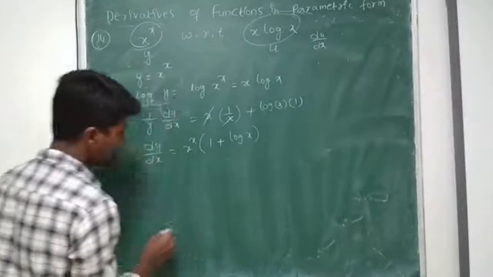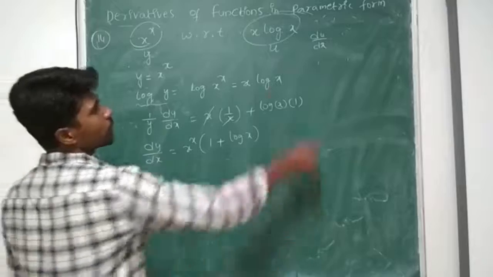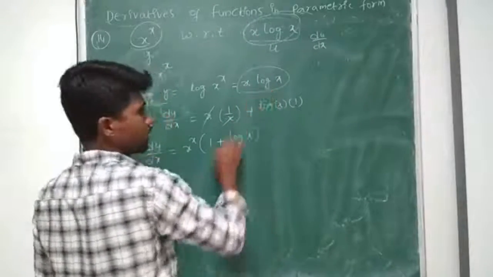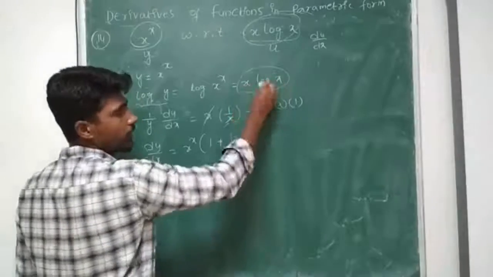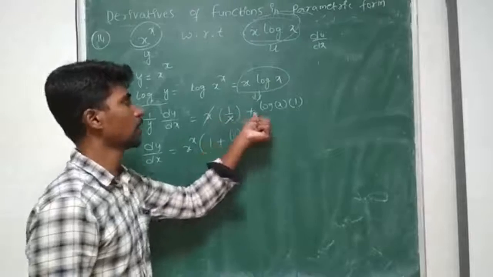I have u, du by dx, which is nothing but x log x. Oh, this is x log x only, no? I need to find it? No need. I got the differentiation as 1 plus log x.